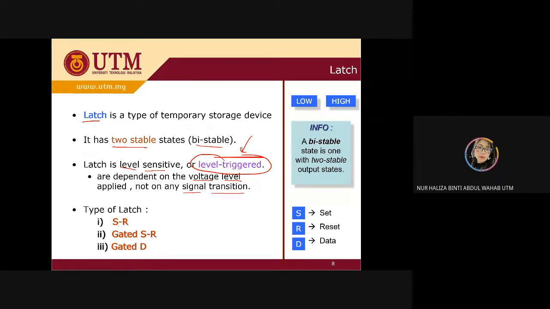There are 3 types: SR, gated SR, and gated D. So the gated SR latch and the SR latch are different.